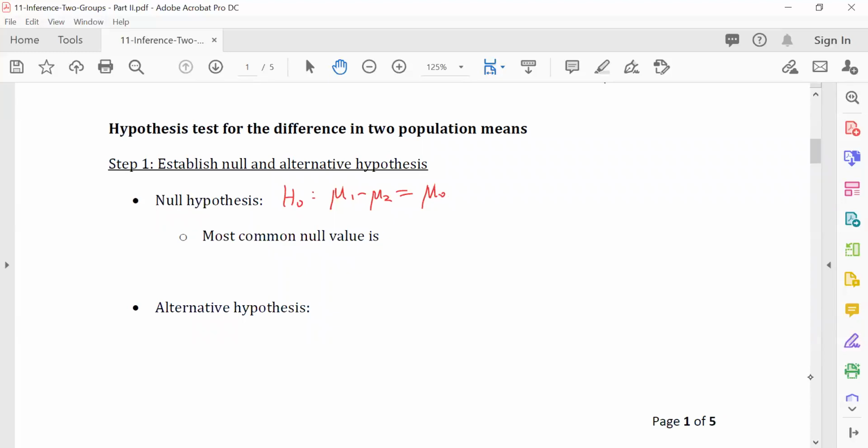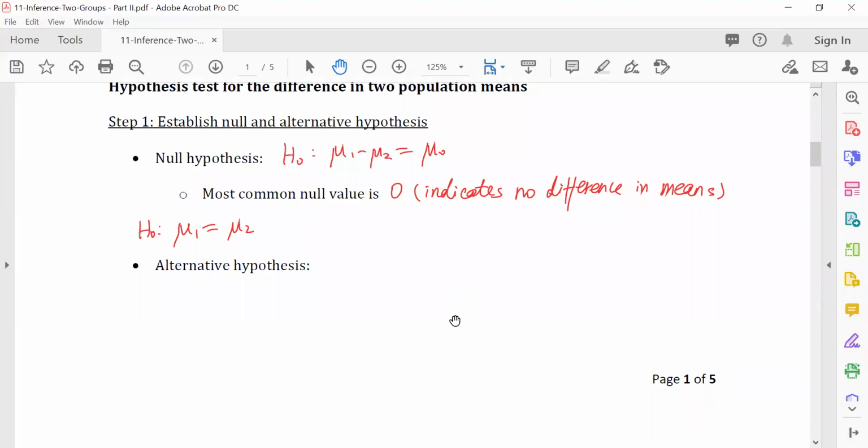Most of the time, this mu null is 0, which indicates there is no difference in means. So the H null is essentially mu1 equals mu2.